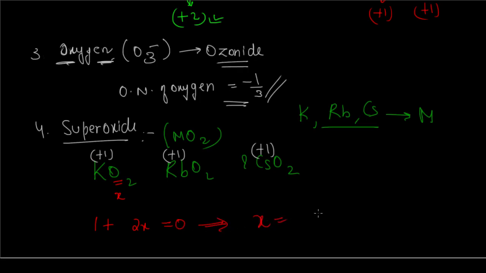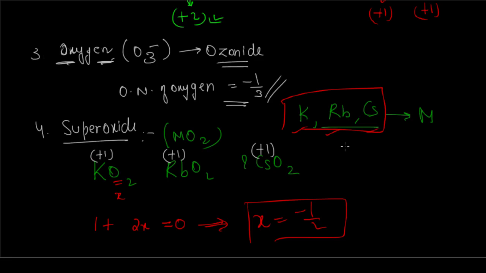X is equal to -1/2. This is the oxidation number of oxygen in a superoxide. In a superoxide, the oxidation number of oxygen is -1/2. And superoxides are only formed by three elements in the periodic table: potassium, rubidium, and cesium. And the oxidation number of oxygen in a superoxide will be -1/2.